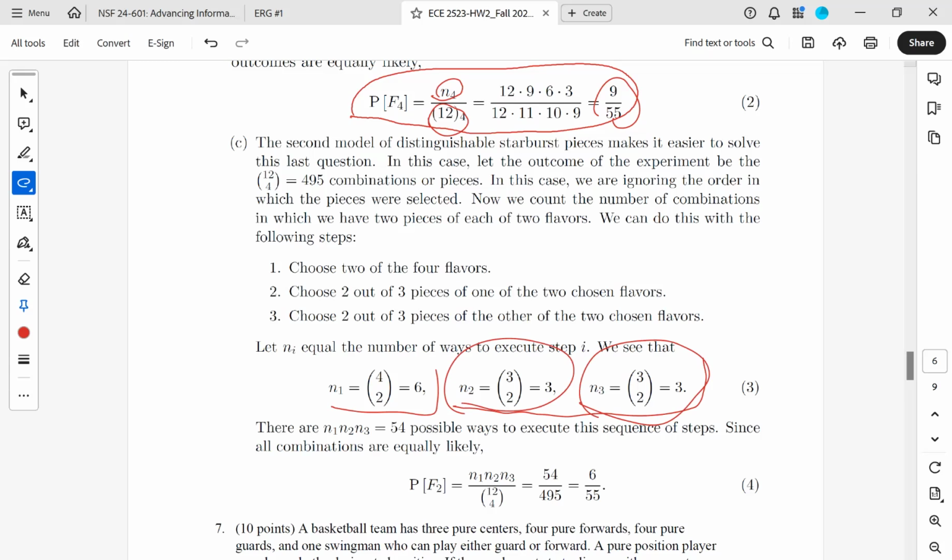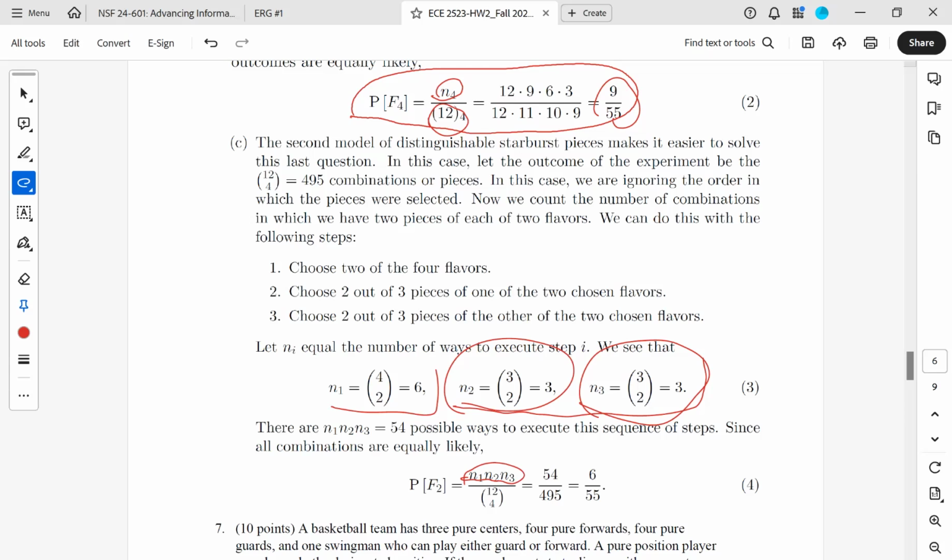So you pick 2 flavors, and you pick 2 out of the first flavor and 2 out of the second flavor. What should you do with the numbers? Multiply. Does that make sense? This is the terminology that I'm talking about. The number of ways that you could achieve that condition is n1 multiplied by n2 multiplied by n3. But what is the probability of that?